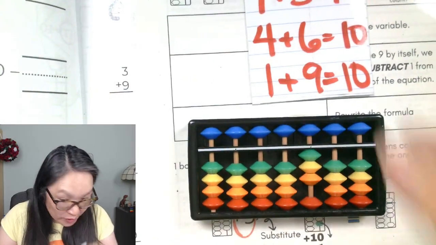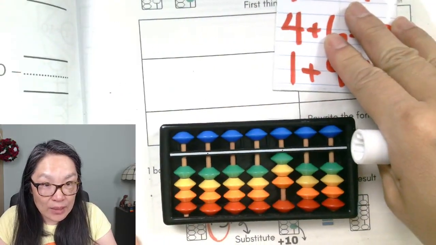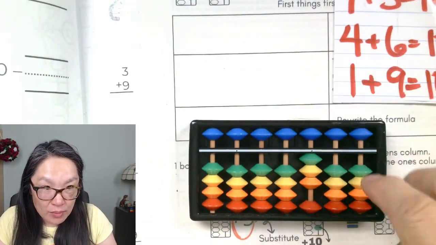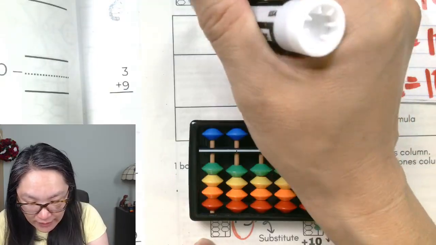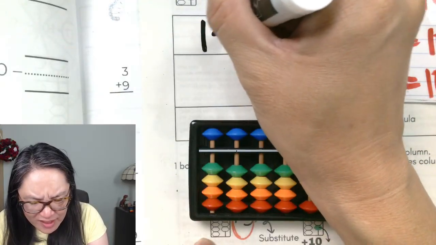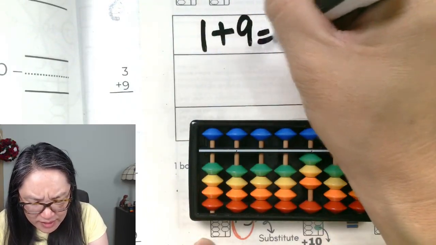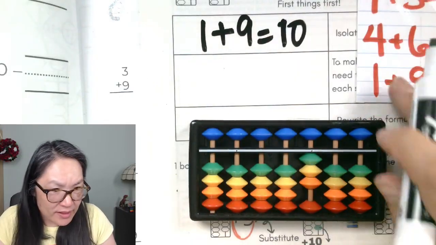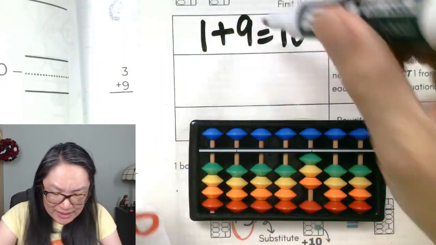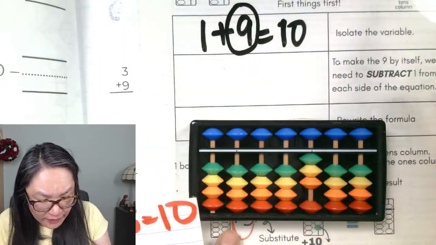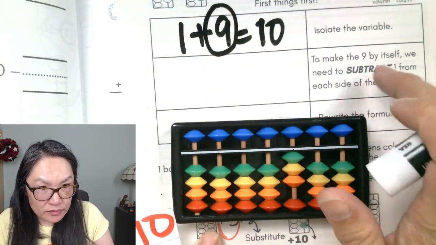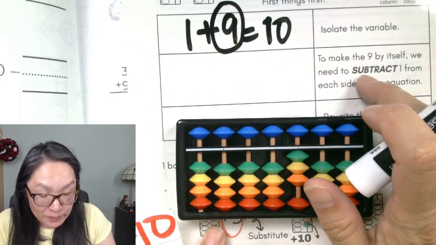Well, now we're going to do a little bit of algebra. Now this is the gateway. Abacus is the gateway to complex math. So we have this number sentence, 9 plus 1 is equal to 10. What we're going to do is we're going to isolate the variable, meaning that we're going to make it by itself.